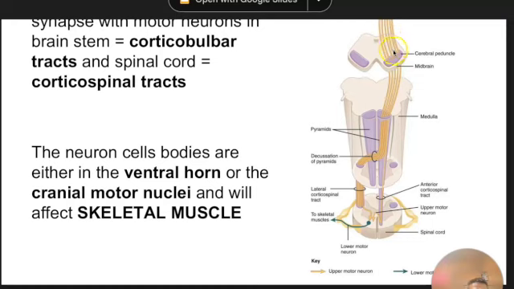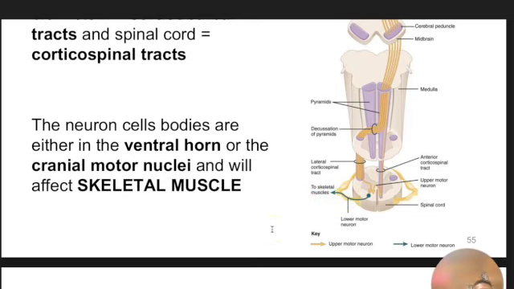Now when it's coming down, it crosses over at the medulla, comes down, and actually goes to the front of the spinal cord, which is the anterior horn; the posterior horn is there, anterior here. It comes to the back, goes all the way to the front, and then it goes to your muscle. The neuron cell bodies are either in the ventral horn or the cranial motor nuclei, which will affect the skeletal muscle.